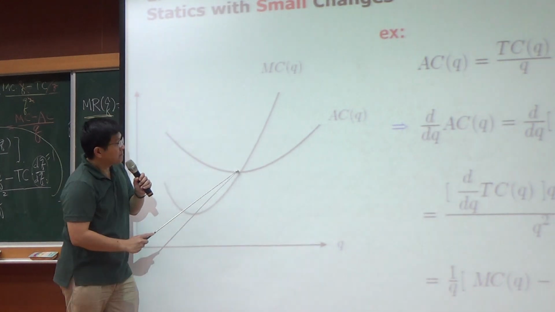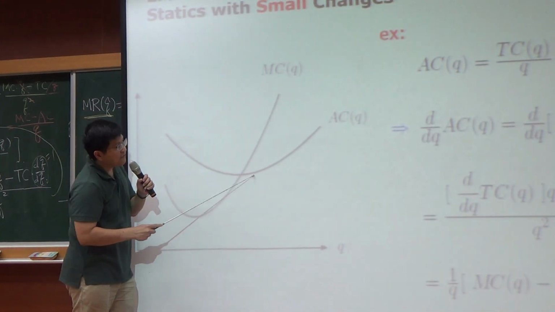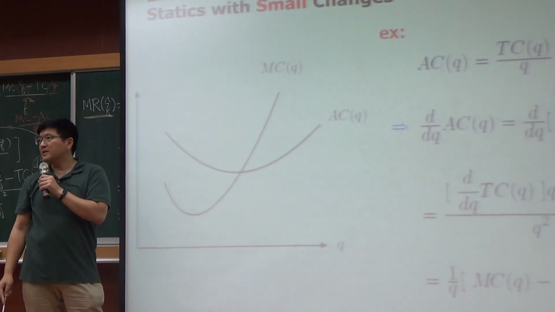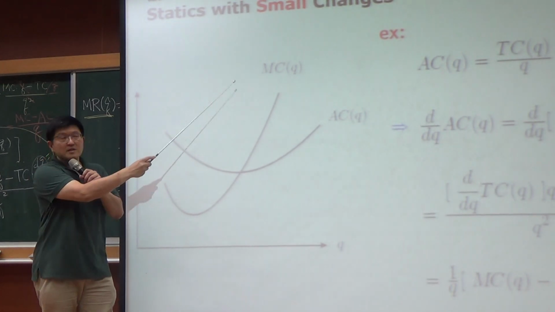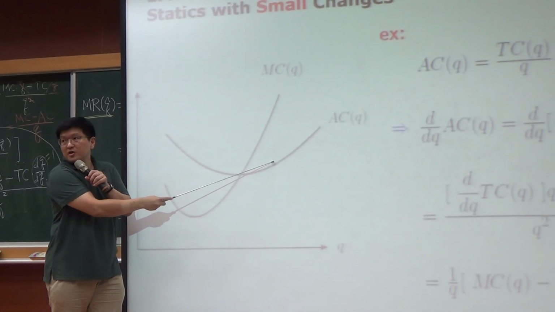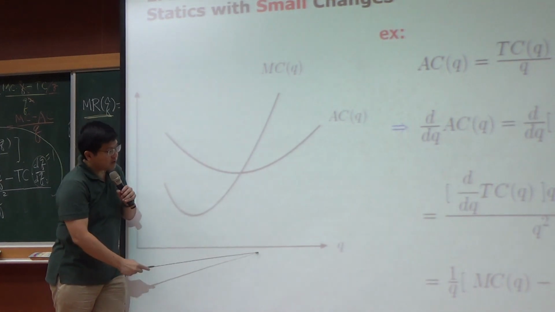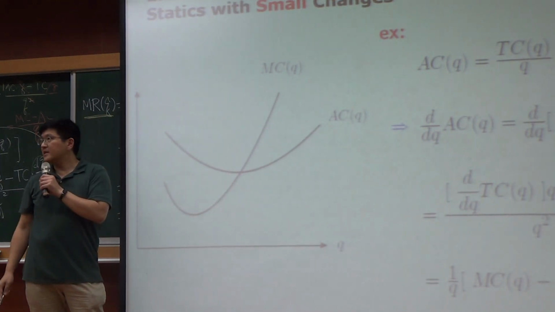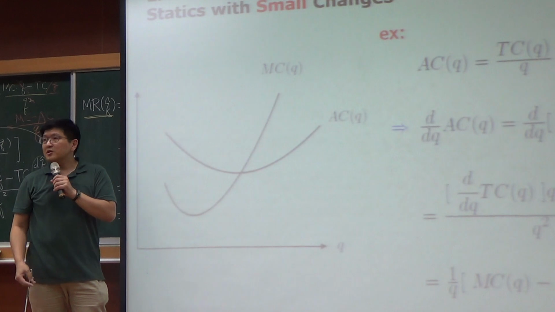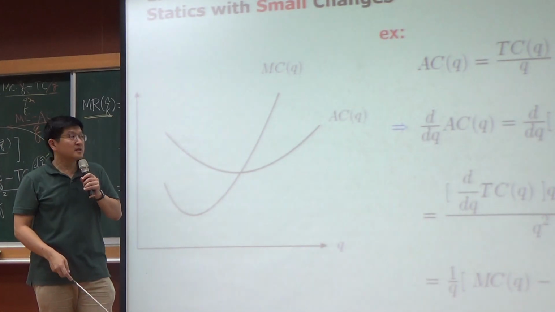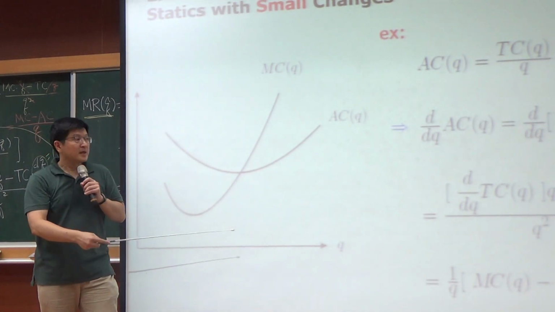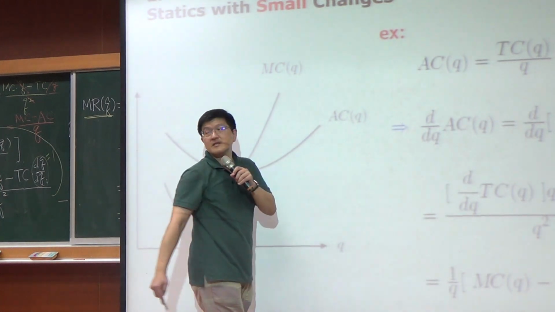So you will see marginal cost is above average cost, right? So marginal cost is higher than average cost within this part. Is that clear? So you find a correspondence of the diagram and mathematics.